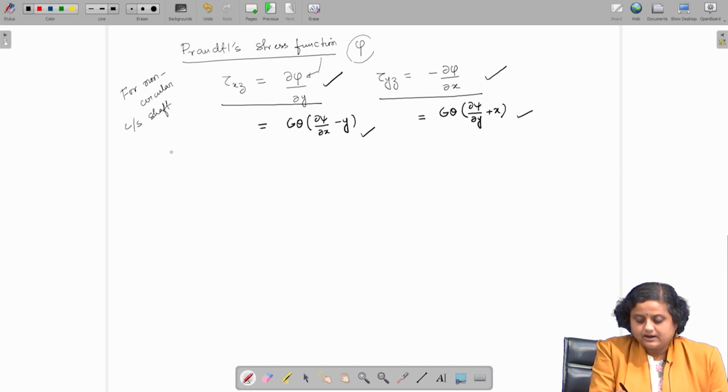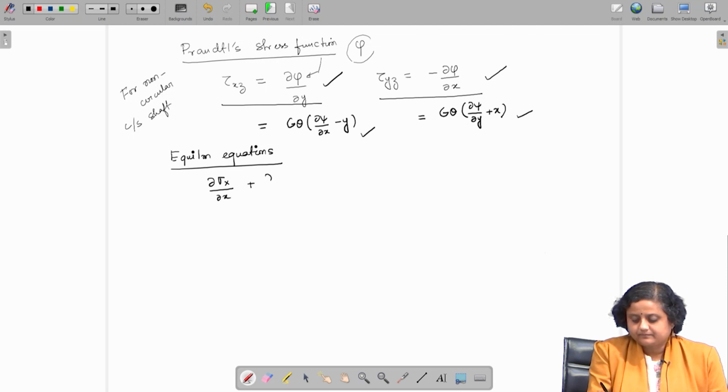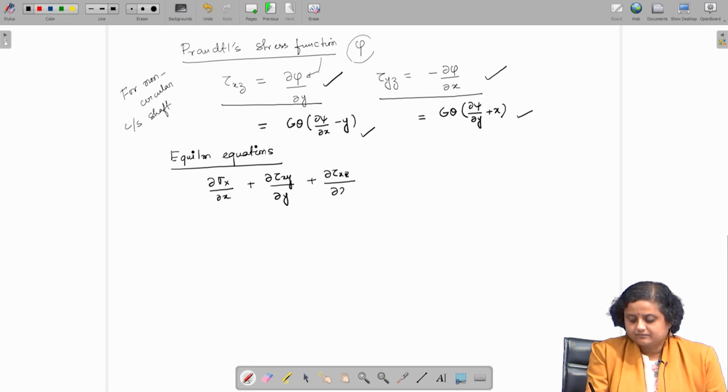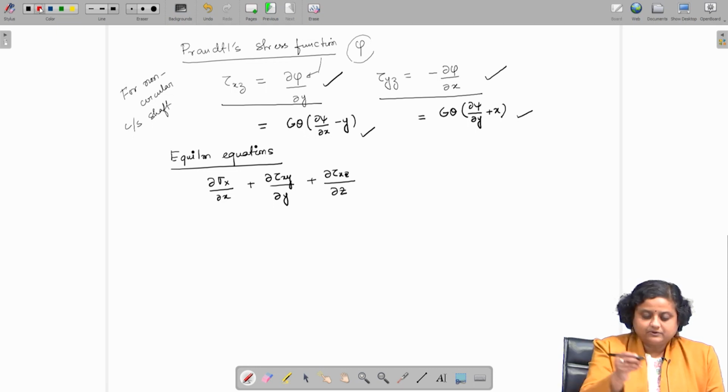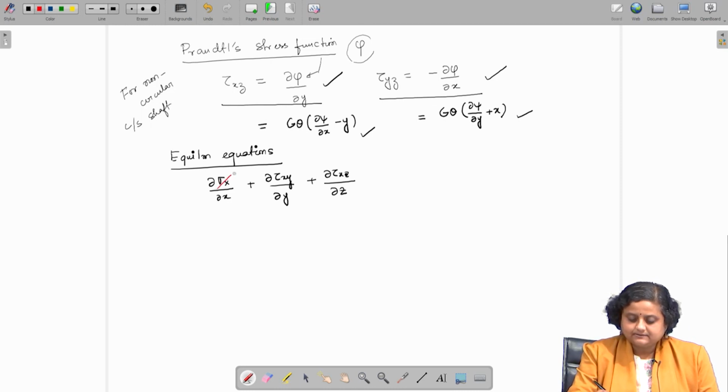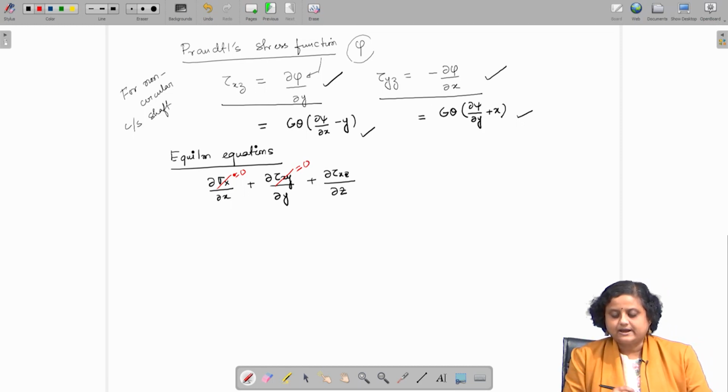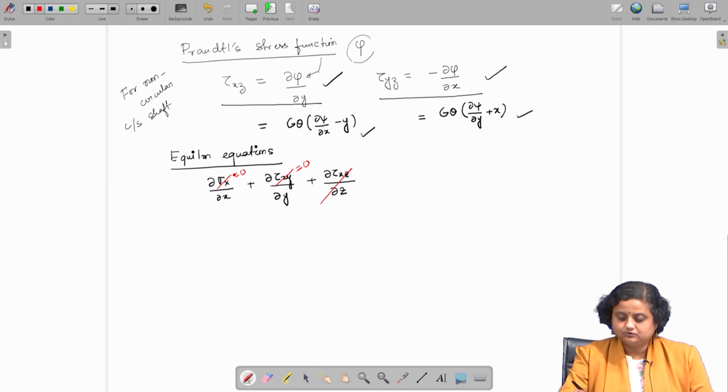So, let me write down the equilibrium equations. The first one is this, now let us see what happens to it. Sigma x is equal to 0, tau x y is equal to 0, and tau x z is not a function of z, so this goes to 0.